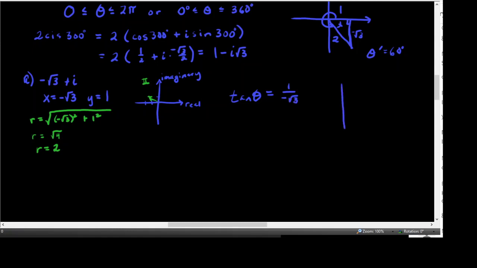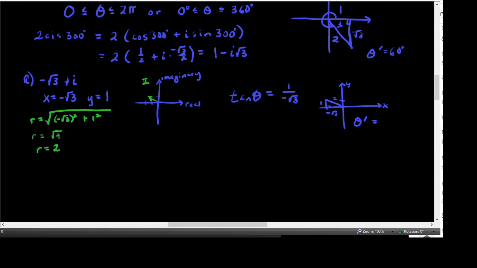And if I were thinking about that, with y being positive 1 and x being negative square root of 3, thinking back to trig stuff, this is 1, this is negative square root of 3, and so this is 2, and this is a special right triangle, 30, 60, 90.